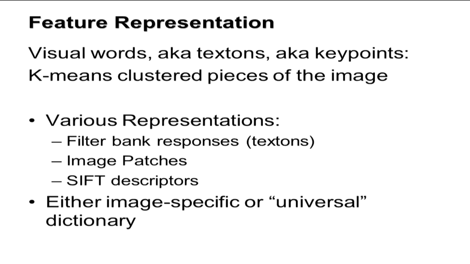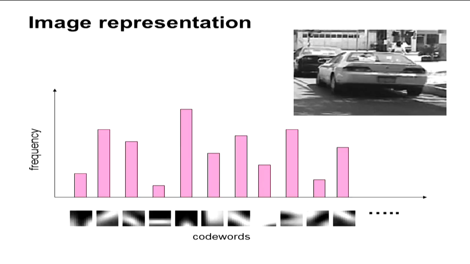You can cluster it per image, but more usual is to do a universal dictionary. So you take a whole bunch of images together, like 100,000 images, and you do clustering on all of those, and you get this dictionary of universal visual words, and then you apply them to everything you want. And that captures the co-occurrence statistics between the different pixels or different features. Okay, so here is one kind of universal representation.